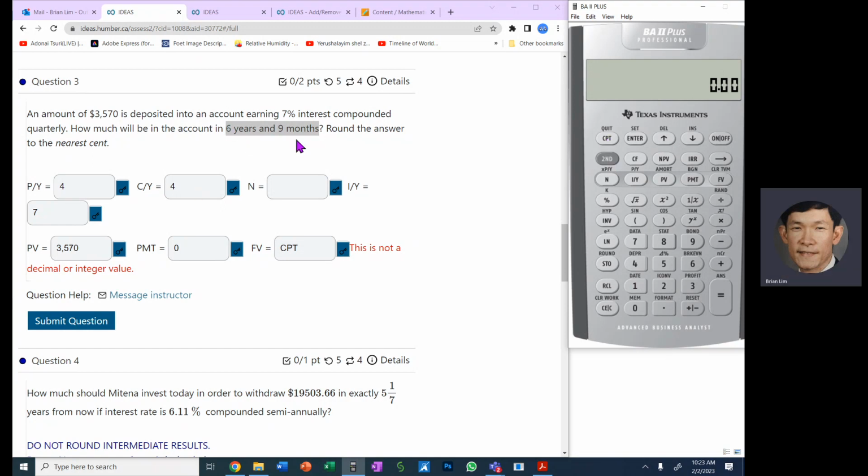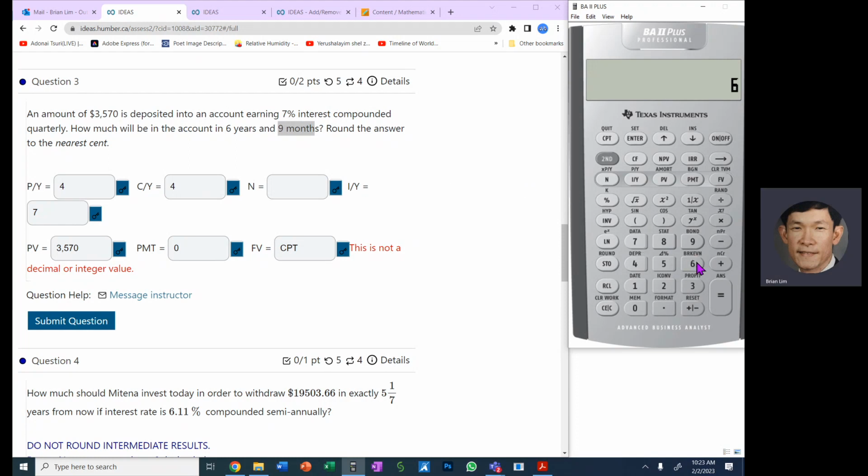Now the 6 years and 9 months, remember how we did that? You take the 9 months and convert it to years by dividing by 12. We could press equal, or we don't need to. If we did, you see it's 0.75 or 3/4 of a year.